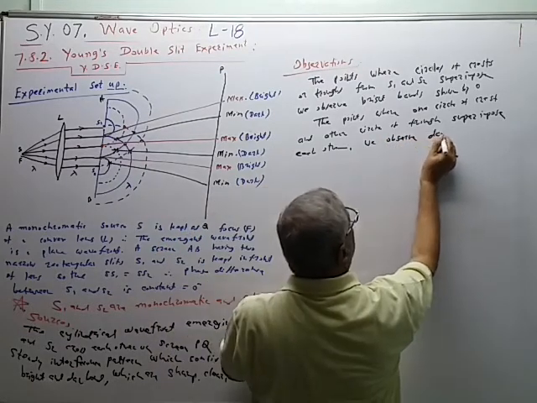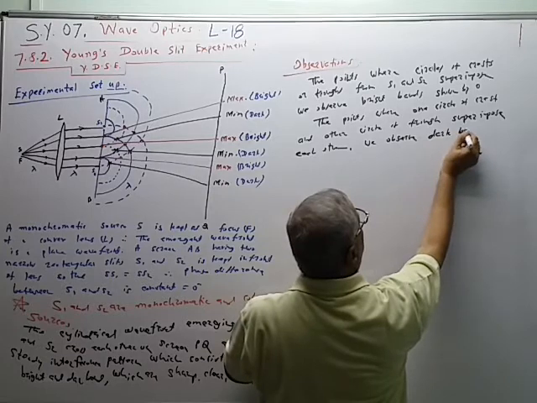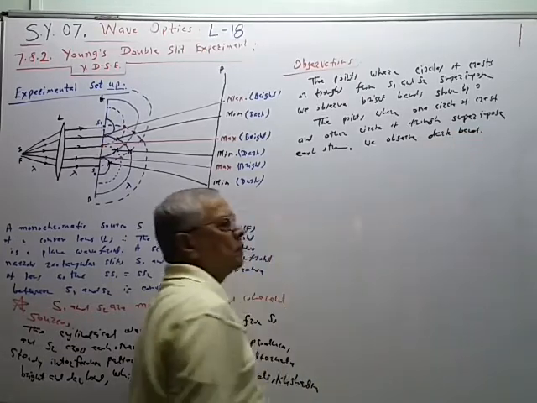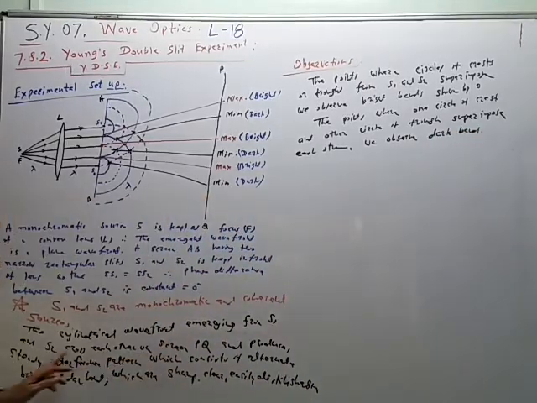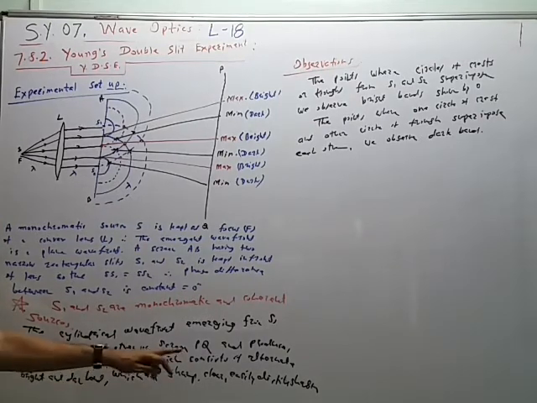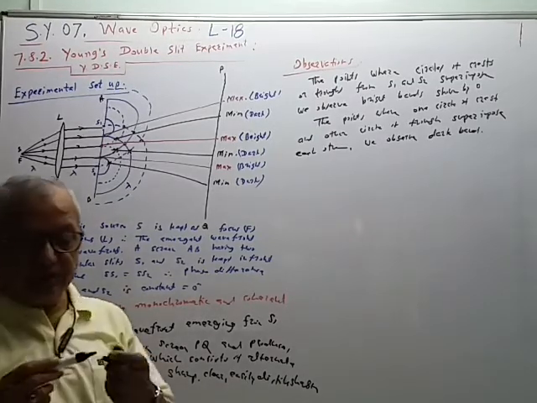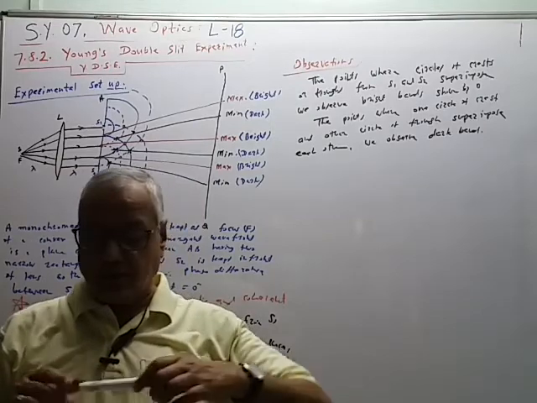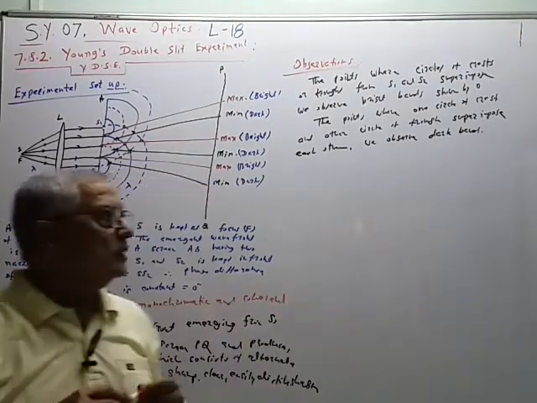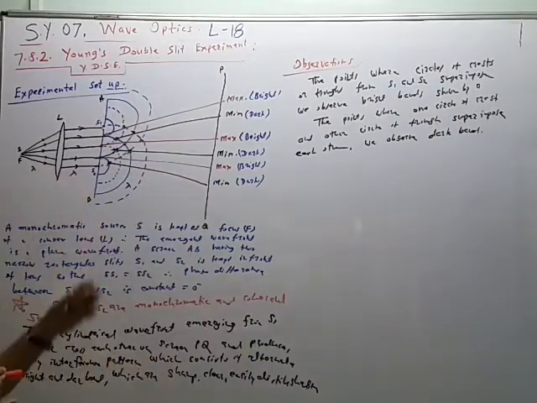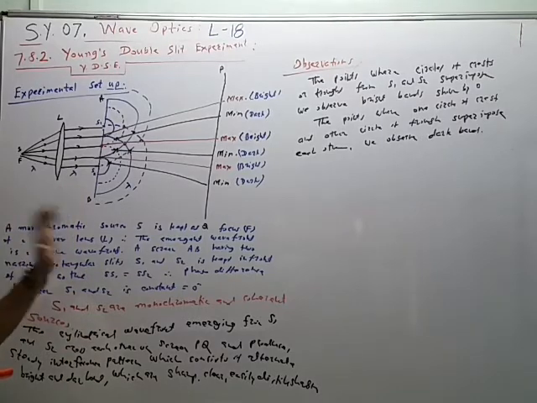We observe a dark band, and therefore we observe the nature of the interference pattern like this. The steady interference pattern consists of alternate bright and dark bands which are sharp, clear and easily distinguishable. So we can demonstrate the phenomenon of interference of light by using this simple arrangement.